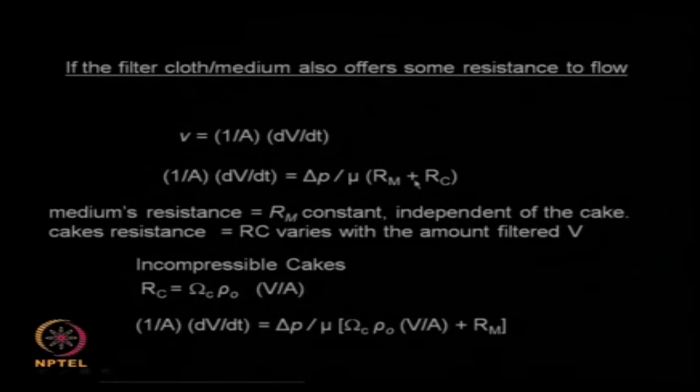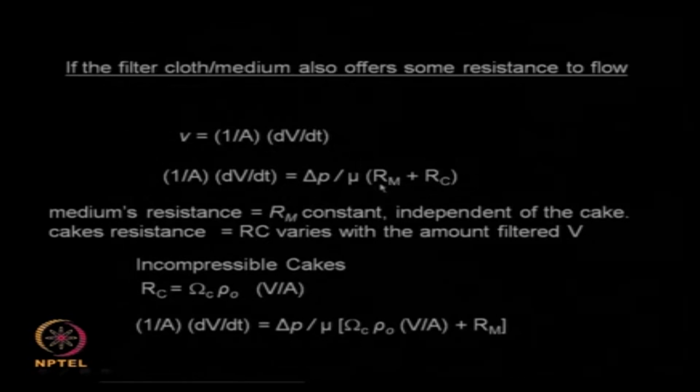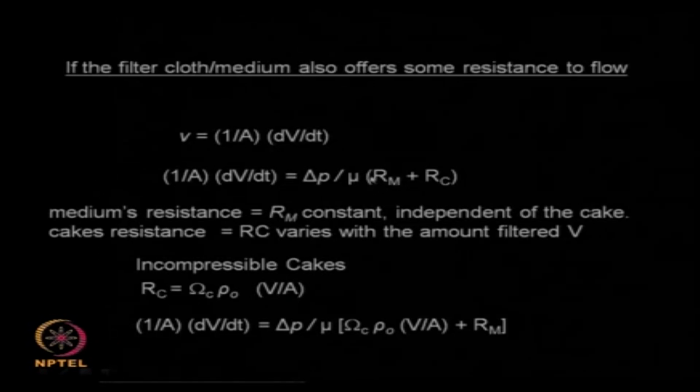So if you are going to have two resistances, one because of the cake, that is Rc, and one because of the filter cloth or the filter medium, Rm, then you are going to have both terms coming into the picture. So you are going to have 1 by A dV by dt equal to delta P divided by mu (Rm plus Rc). If you take an incompressible cake, this term will not have delta P raised to the power S like we saw before.